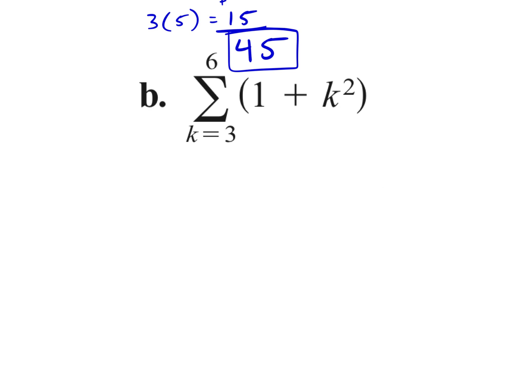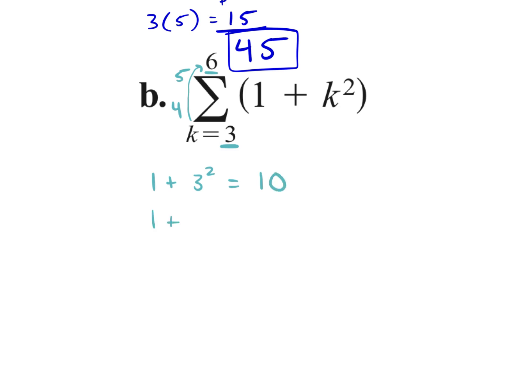What do you think I would start plugging in here? 3. We're going to start by plugging in our lower limit, which is 3. I'm going to plug in 3 and all the numbers in between 3 and 6. So 3, 4, 5, and 6. So starting with 3, we have 1 plus 3 squared. 3 squared is 9, plus 1 would be 10.